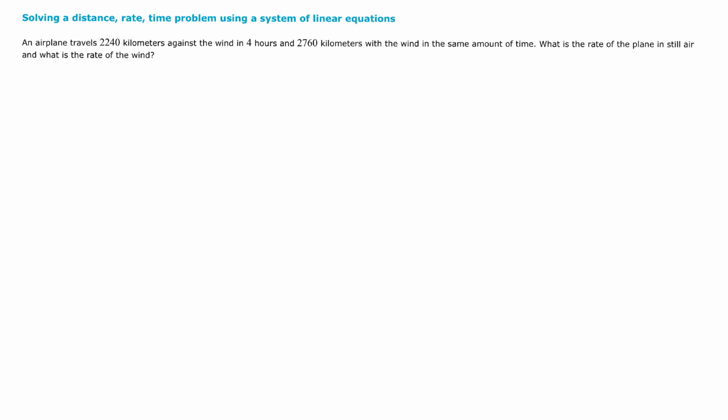I'm actually going to use the letter W and draw an arrow to indicate the wind. I'm also going to do an arrow here to represent the speed of the plane in still air. So if this is with the wind, the airplane is being pushed.